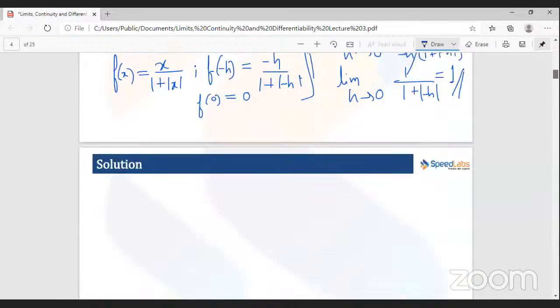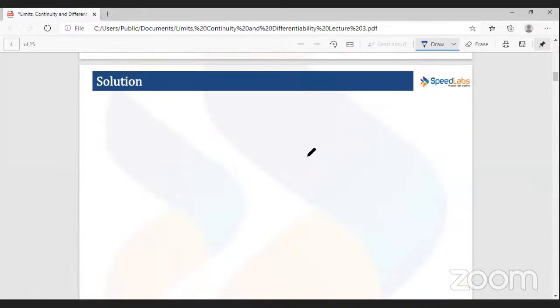Now let's check for the right hand derivative. Right hand derivative is limit h tending towards 0, f of a plus h minus f of a upon h. Now again we are checking for a equal to 0.